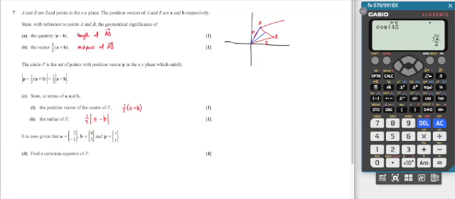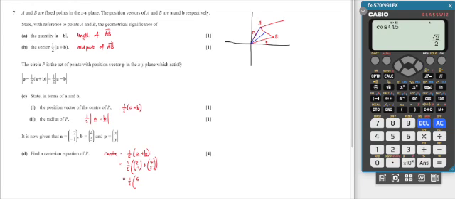Find a Cartesian equation of P. So we want our centre of the circle, which we know is half A plus B. Centre is half A plus B, which is a half of (2, -1) plus (4, 5). So that's a half. 2 plus 4 is 6.